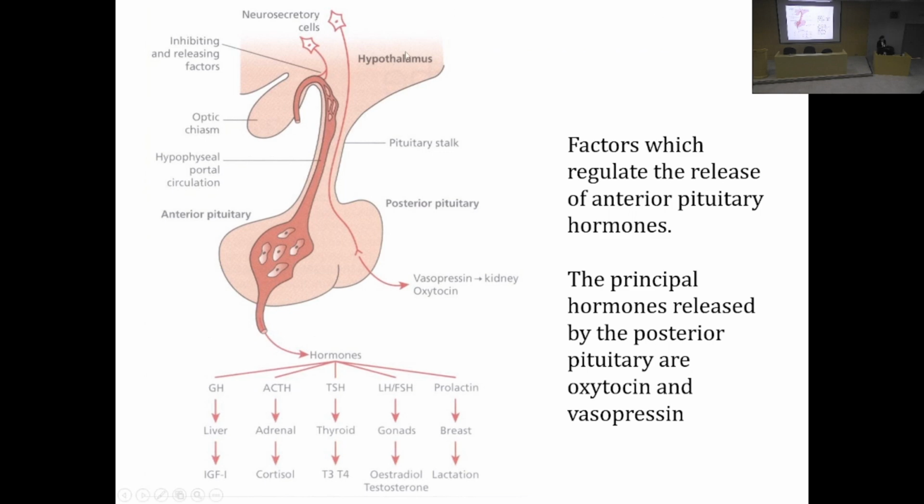So remember, many of these pituitary hormones are regulated by hormones or peptides or factors, or signals from the higher level, which is usually at the level of the hypothalamus. And many of these hormones, for example CRH, the corticotropin releasing hormone, are synthesized by special types of neurons in the hypothalamus.